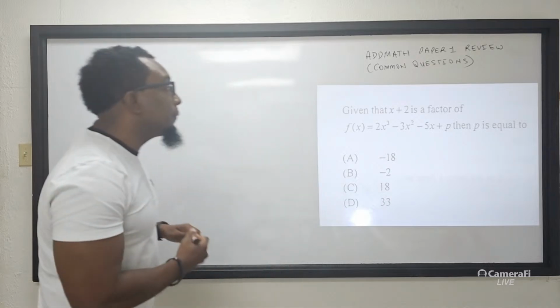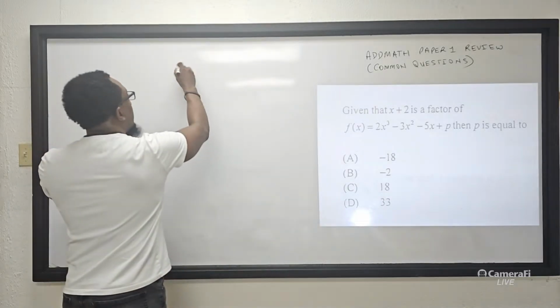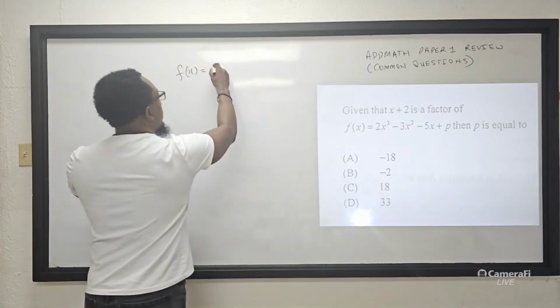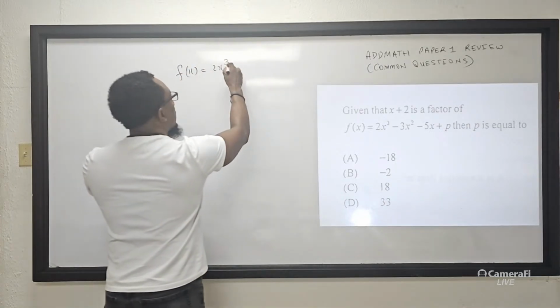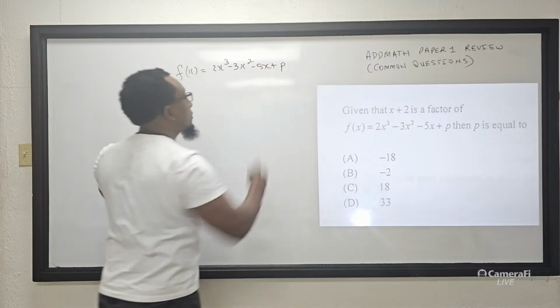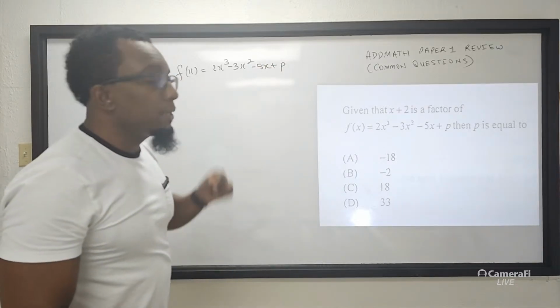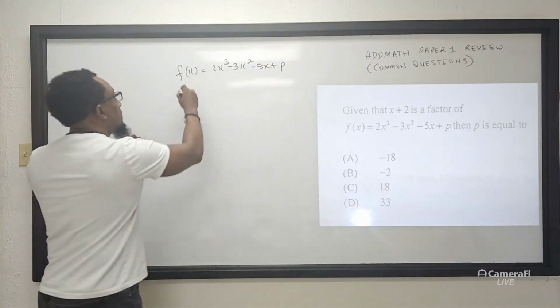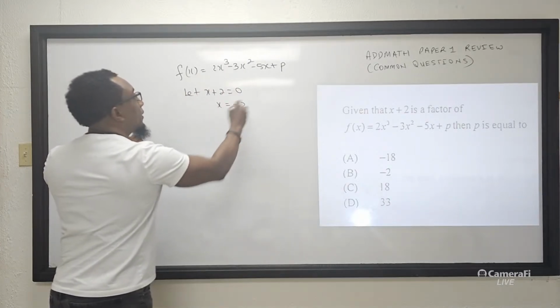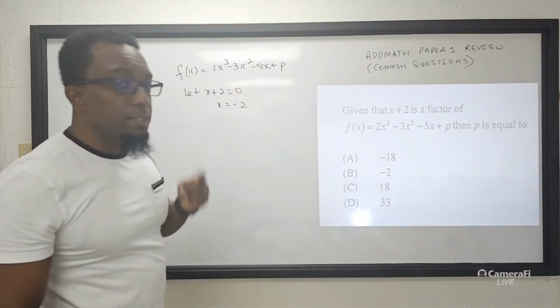So we can create an equation here by simply saying, if f of x is equal to 2x cubed minus 3x squared minus 5x plus p, seeing that x plus 2 is a factor, I'm going to let x plus 2 be equal to 0, and therefore x will be equal to negative 2.